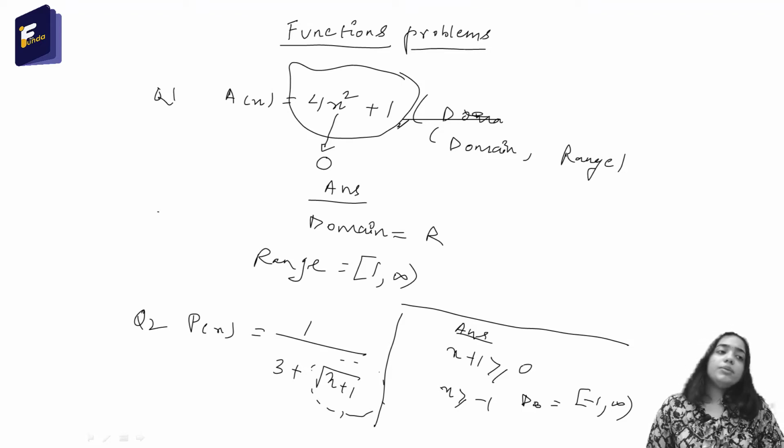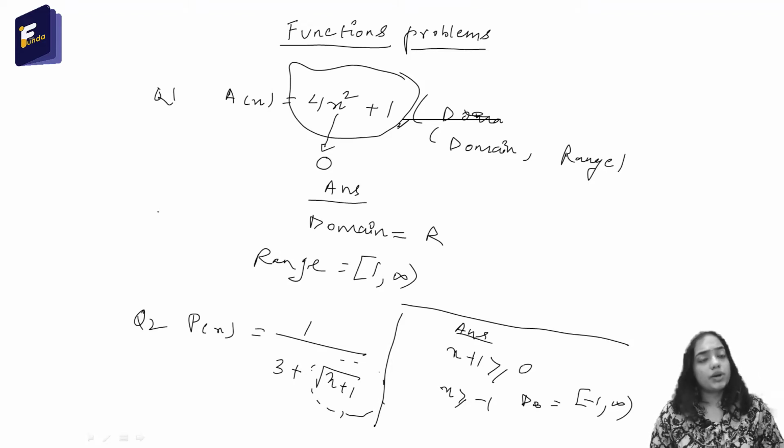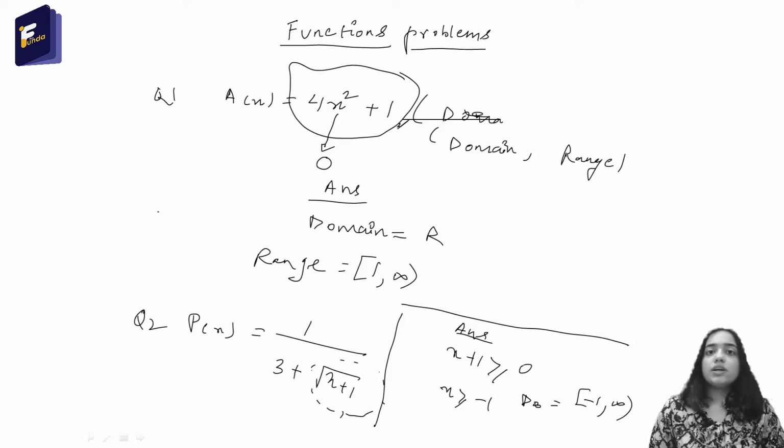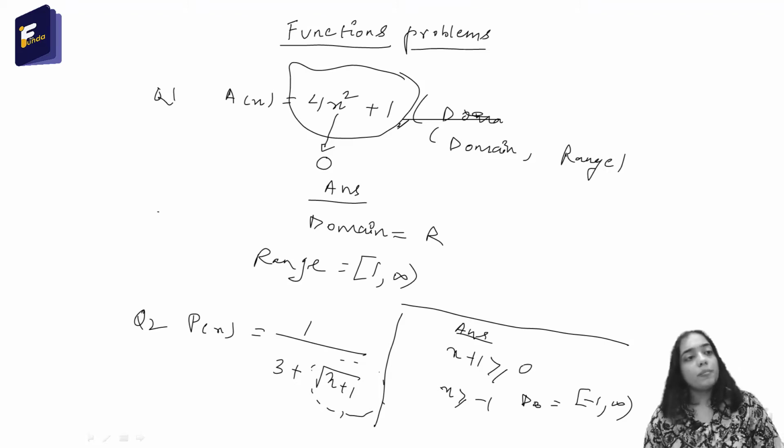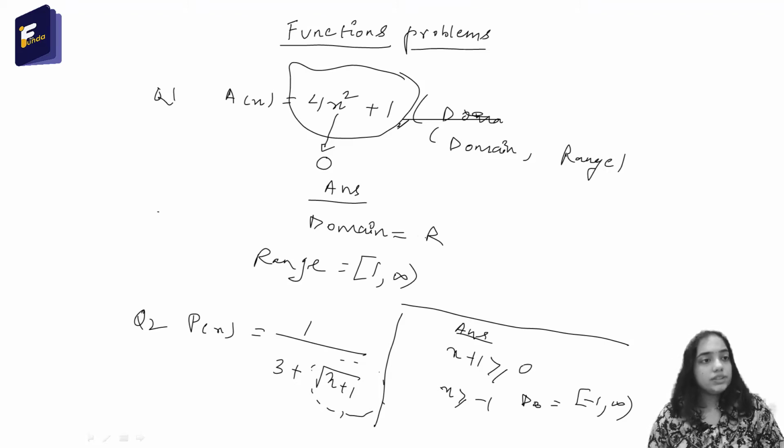So what will be the minimum value of square root of x plus 1? It will be 0, because we are not taking negative values, we are not taking minus 2, minus 1. So the minimum value of this function is 0. And what is the maximum value of square root of x plus 1?